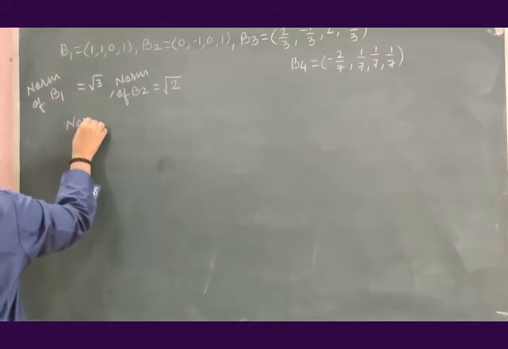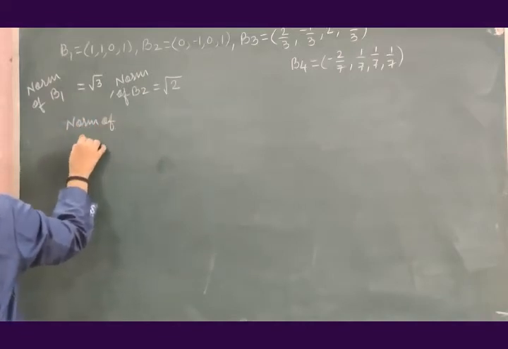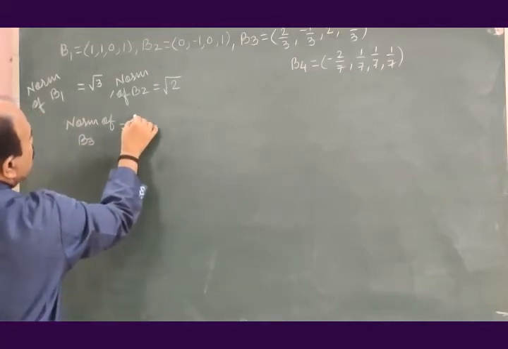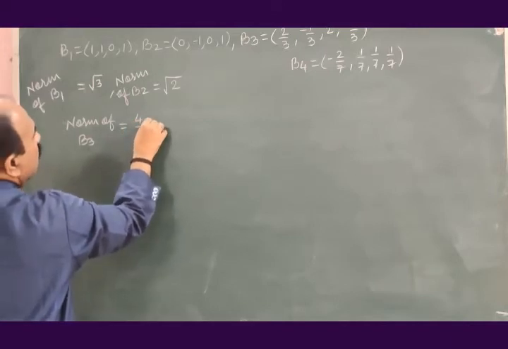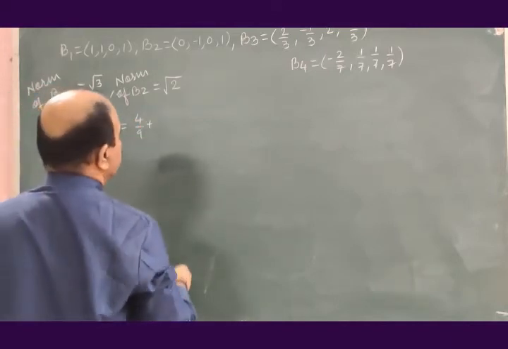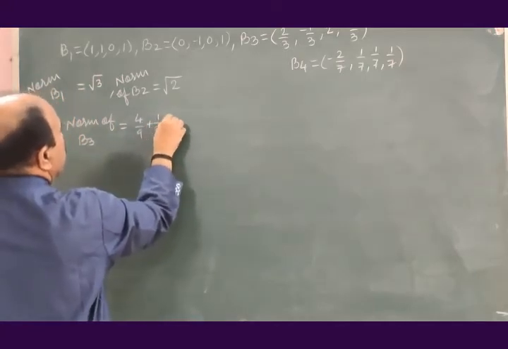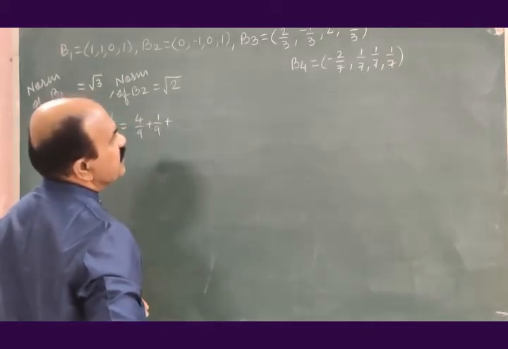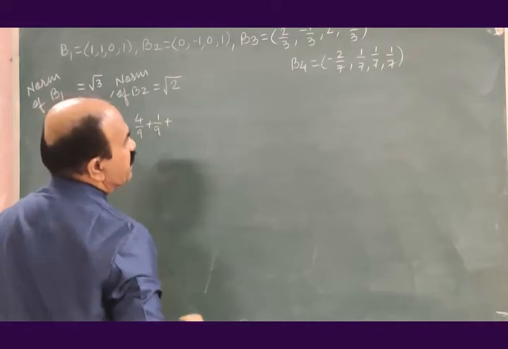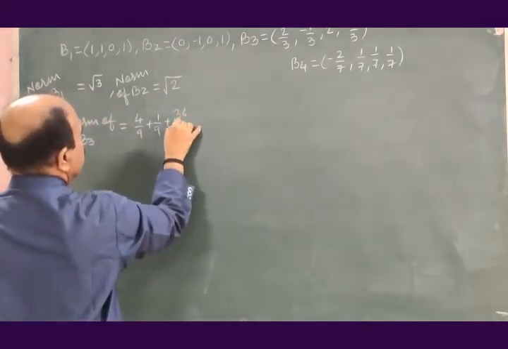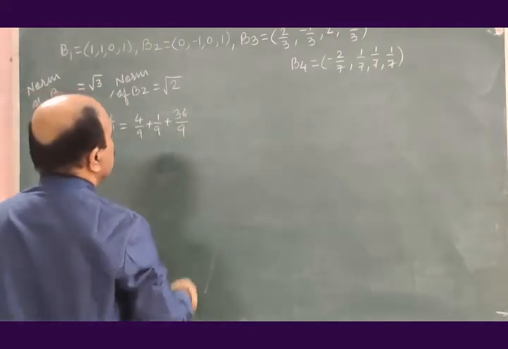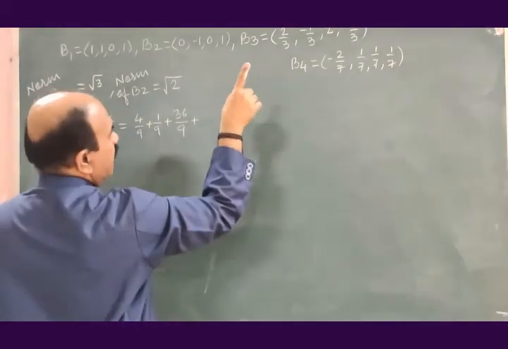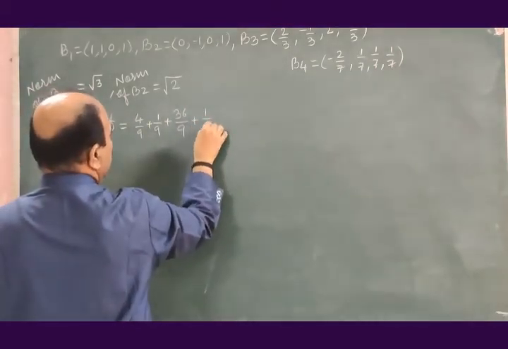The norm of B3 will be the square root of 2 by 3 into 2 by 3, that will be 4 divided by 9, plus minus 1 by 3 into minus 1 by 3, that will be 1 divided by 9, plus this 2 can be considered as 6 by 3. 6 by 3 into 6 by 3, that will be 36 divided by 9, plus minus 1 by 3 into minus 1 by 3, that will be 1 by 9.